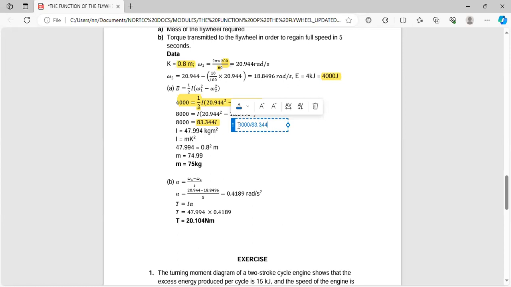I think this is supposed to be some minor typo error that took place there.